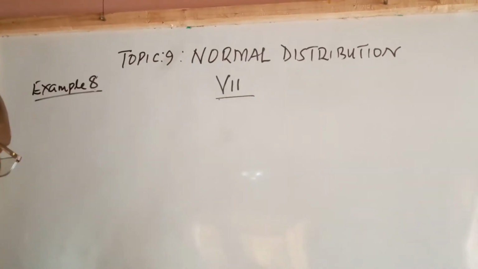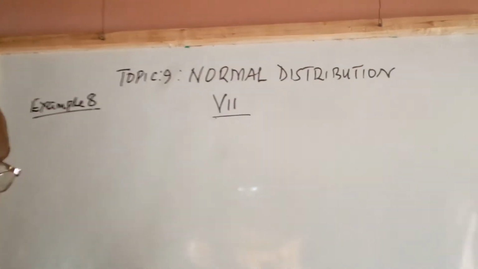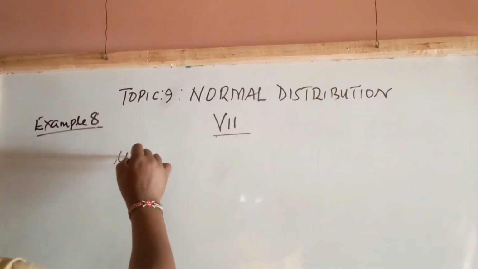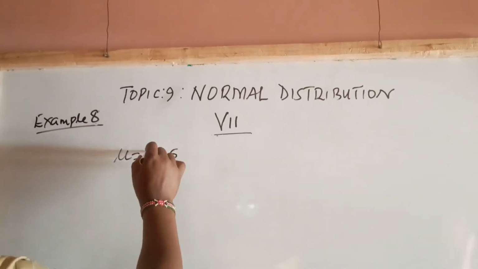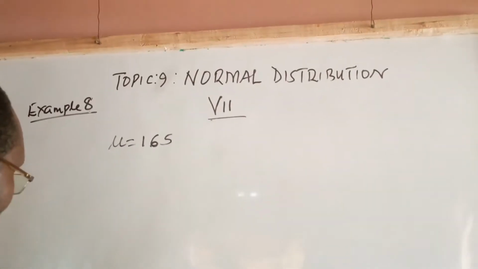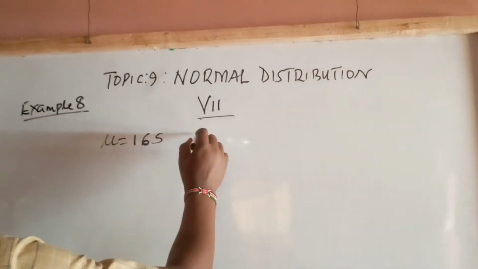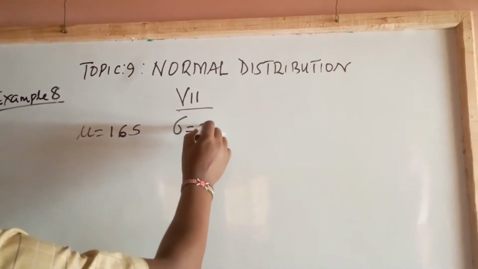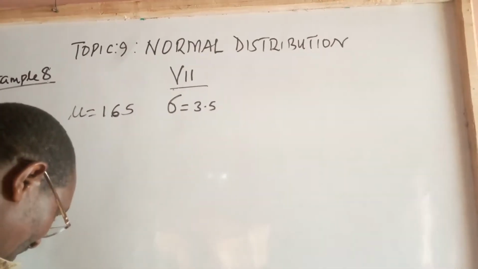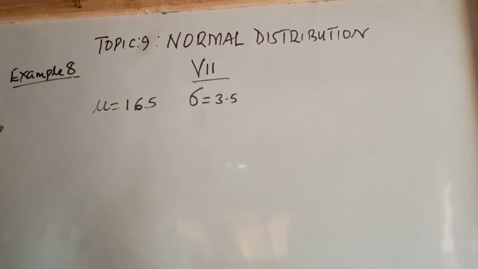Example 8 is telling us the heights of a large group of women are normally distributed with a mean of 165, and a standard deviation of 3.5 centimeters. A woman is selected at random from this group.